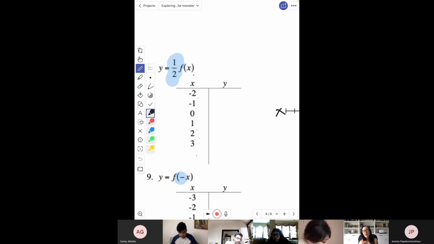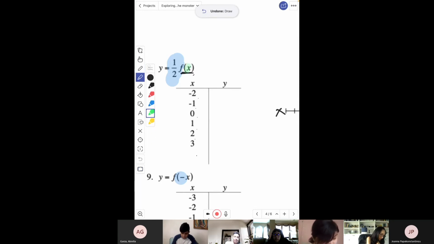So one was impacting the x. We were taking half of the x. In this case, we're taking half of the y value, right? So we're first evaluating the function at each of these x's.